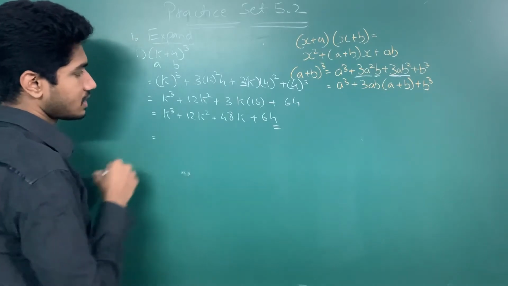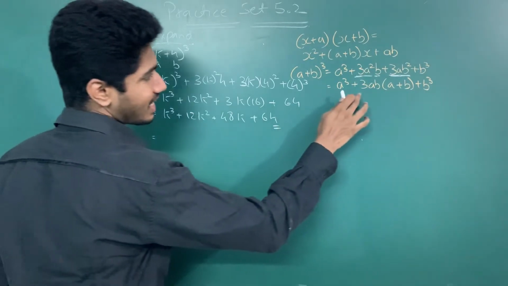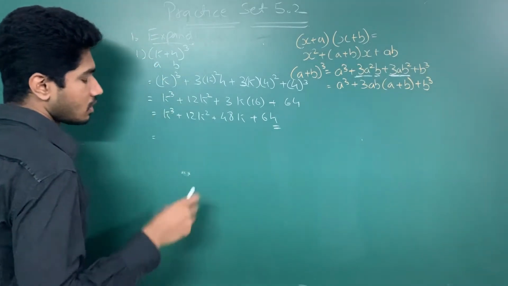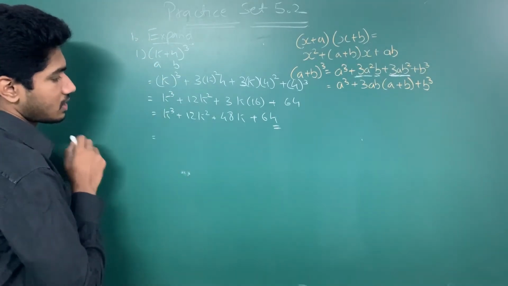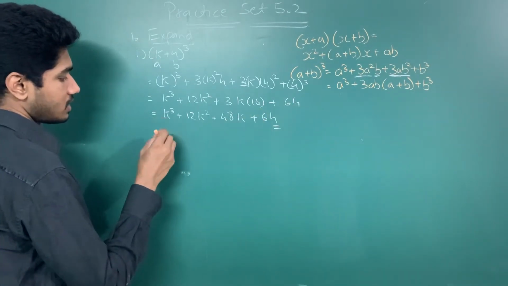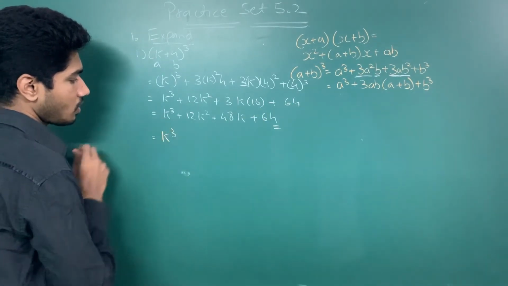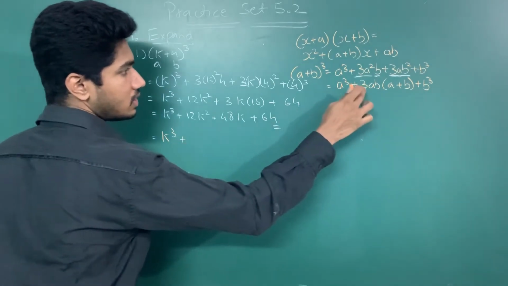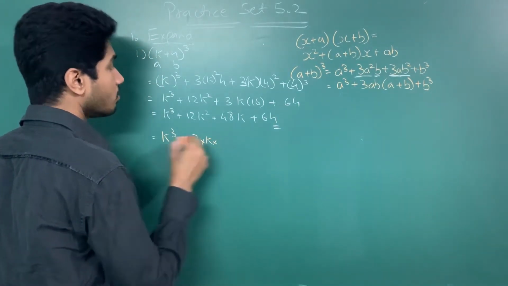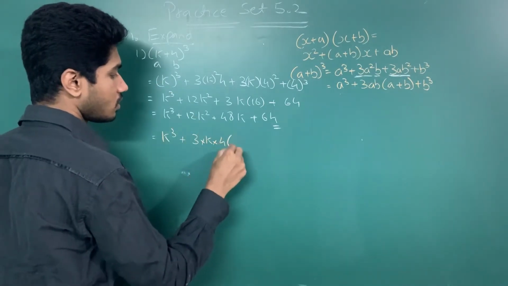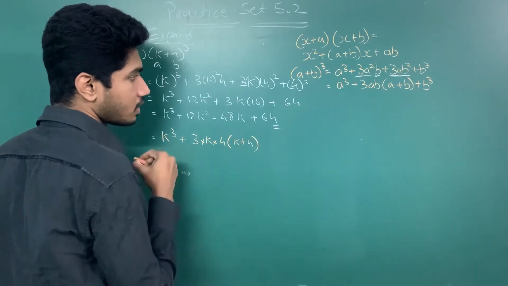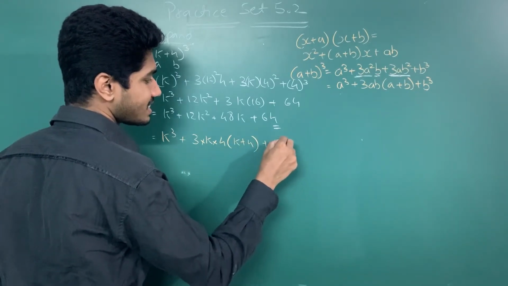You can also write this as, अगर हमने second type use किया that is in the terms of 3ab, which will give us, I'll write with another chalk, a cube that is the k cube plus 3 into AB, that is 3 into K into B, क्या है अपना 4, फिर ब्रैकेट के अंदर K plus 4 रहेगा, plus B cube is 64.